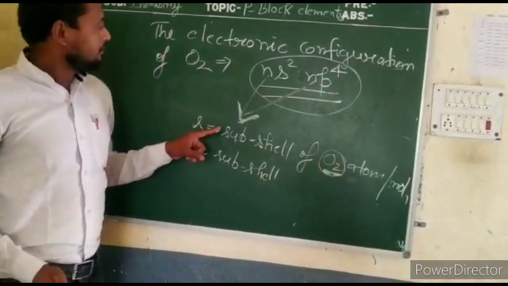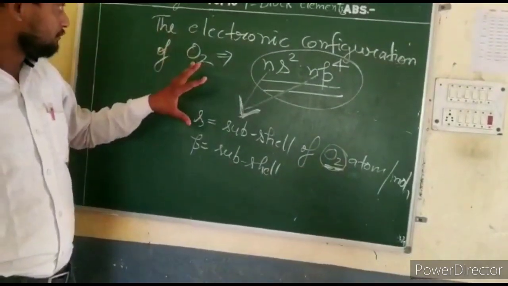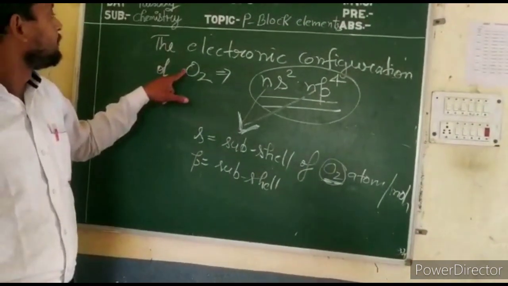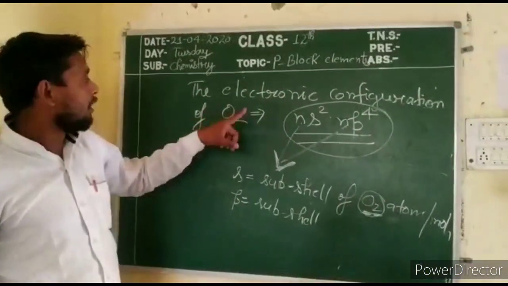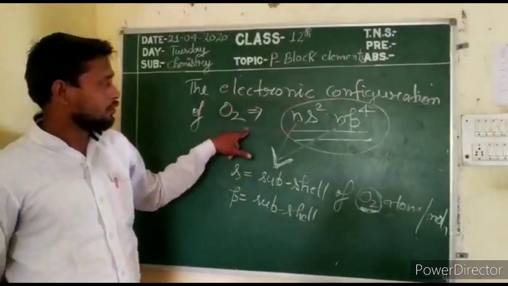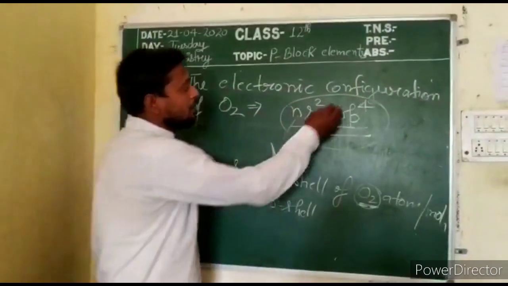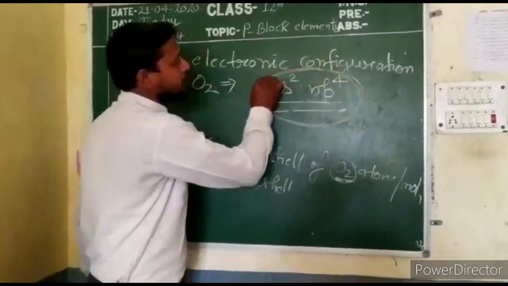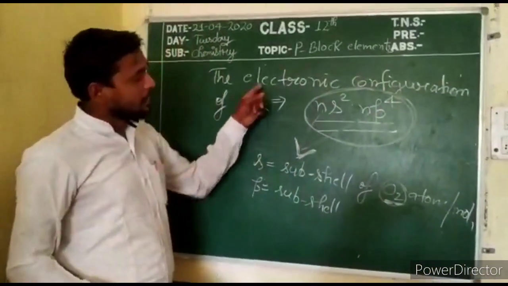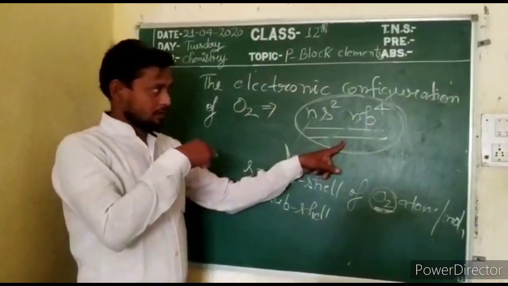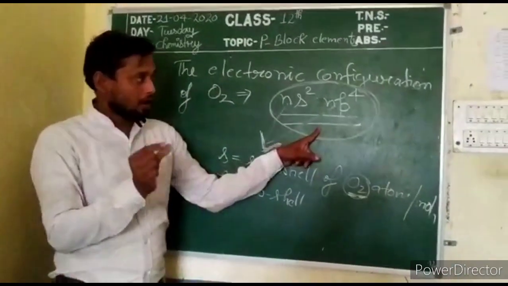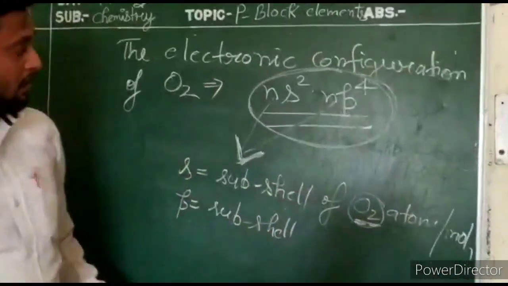So now we are learning the electronic configuration of O2. This is the electronic configuration formula of the last orbit of the oxygen atom.